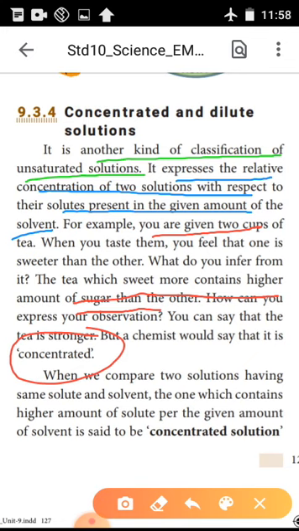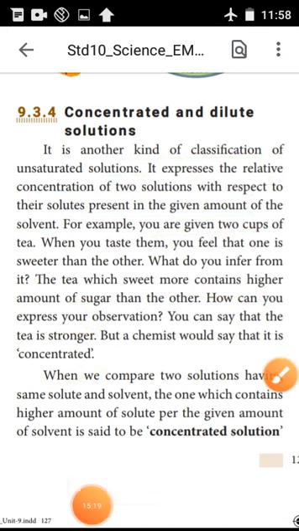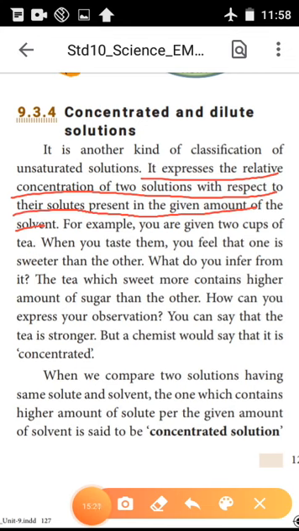The concentrated and dilute solutions are another kind of classification of unsaturated solutions, and it expresses the relative concentration of two solutions with respect to the solute present in the given amount of solvent. For example, we have unsaturated solutions.